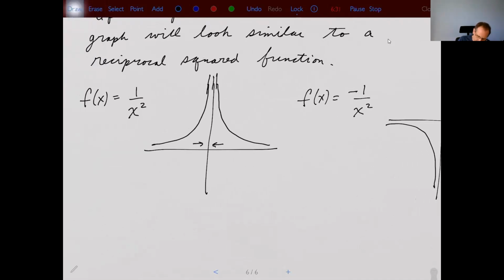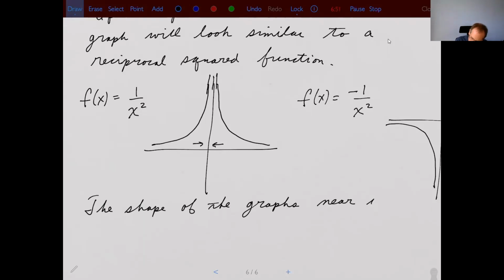Okay, so the shape of the graphs, remember these are of the rational functions, right? Shape of the graphs of the rational functions near the intercepts, I'll say horizontal intercepts, is similar to what we saw with the polynomials.